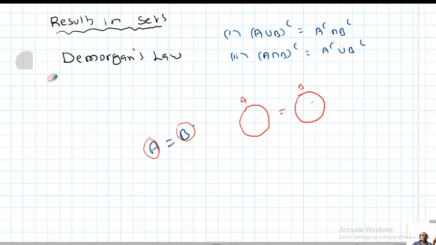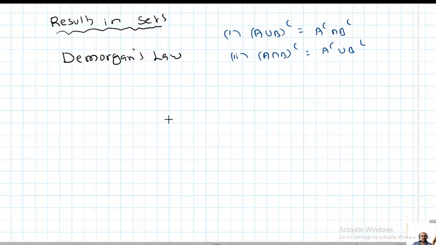So for things you prove by using Venn diagrams, we want to show that the areas represented by the sets should be equal. So first of all, I want to prove the first one: A union B whole complement equal to A complement intersection B complement. After proving this, you people can clearly understand how we can prove things in set theory by using Venn diagrams. Okay.